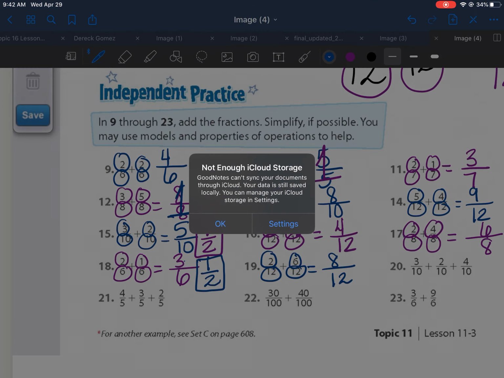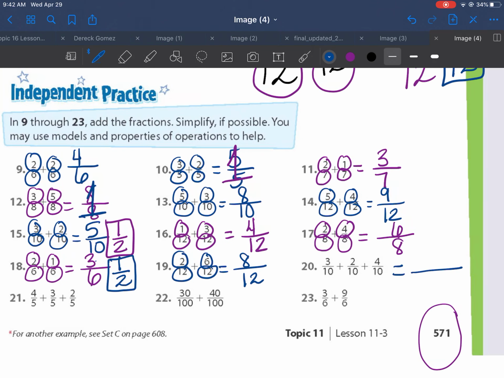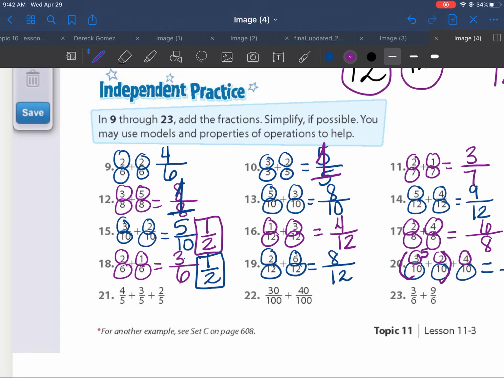Number 19, denominator stays the same. 2 plus 6 is 8. Number 20, denominator stays the same. I can put these two together and add them first. 3 plus 2 is going to be 5. Now I add 4. 5 plus 4 is 9.